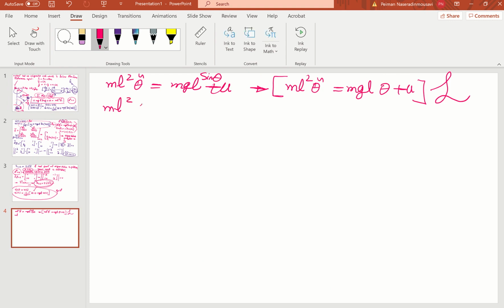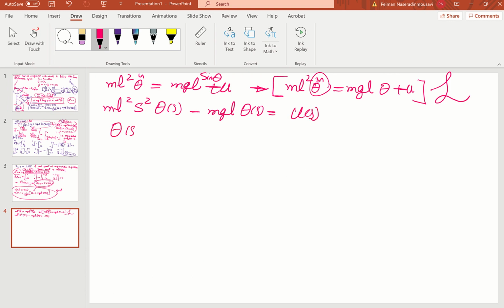So you have ml squared s squared theta of s minus mgl theta of s, because the second time derivative gives you s squared from undergraduate control, equals u of s.